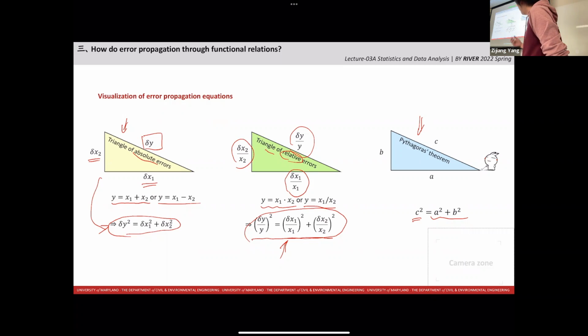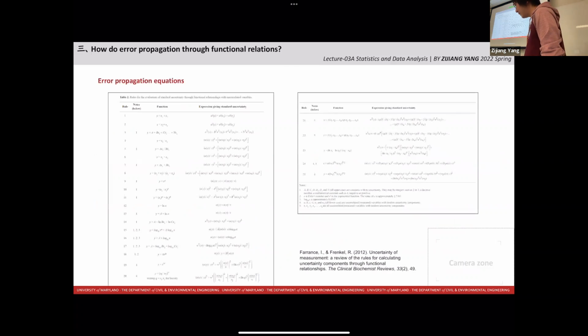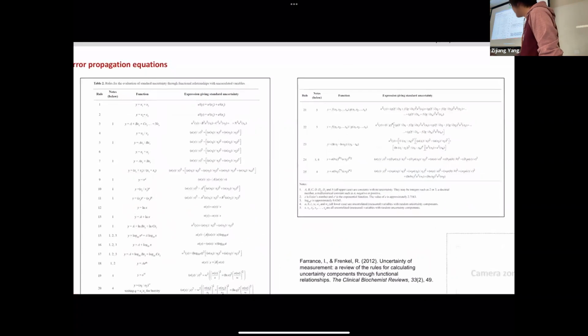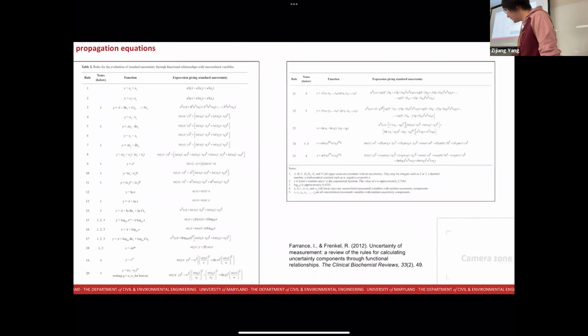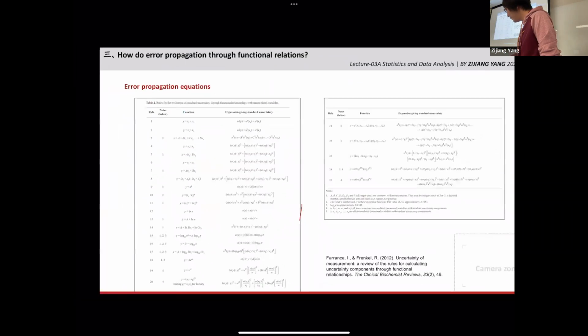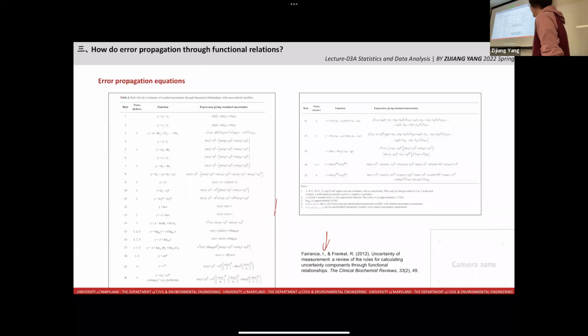Do you guys have any questions about this one? No? Okay. All of the things that I talked about before about the error propagation equations are based on this paper. If you are interested, you may take a look at it.